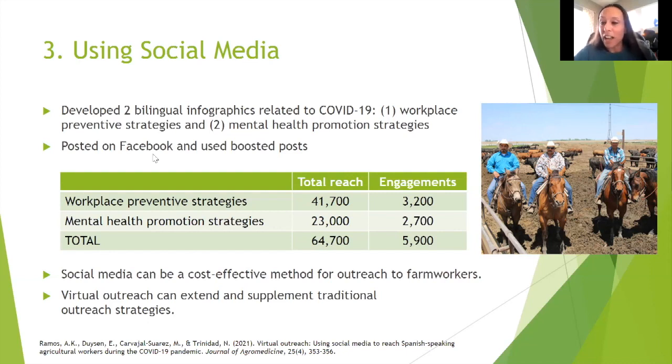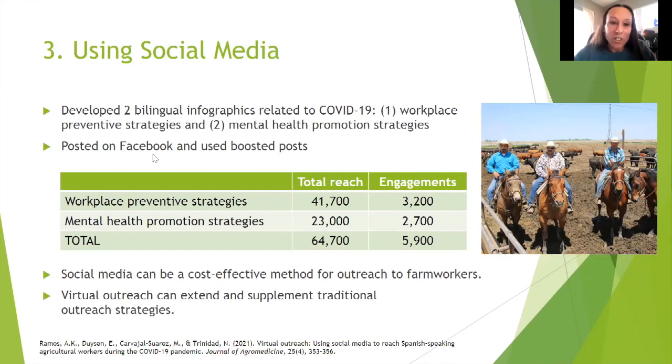Now, some of the things that we did is not only post them on Facebook and think about where our audience was. So we looked at geographically targeting these ads to places where we knew that there were cattle feedlots, so we knew there were workers.